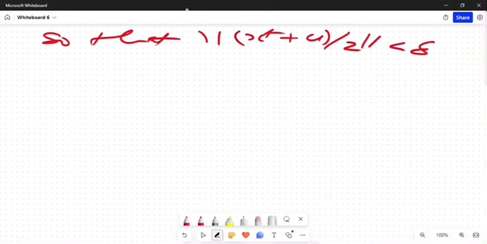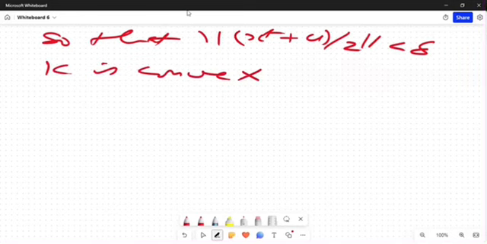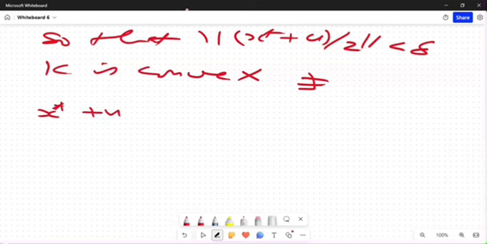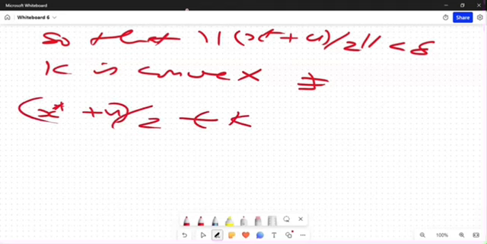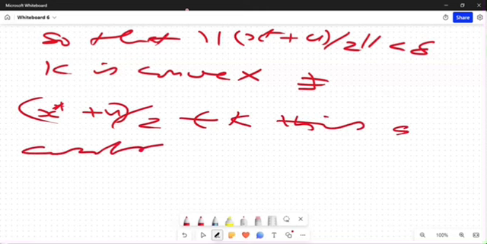Remember that K is convex. What does it imply? This implies that (x star plus u)/2 must also be in K. Now, this is a contradiction, and why that is so is because you initially assumed that u and x star are different.